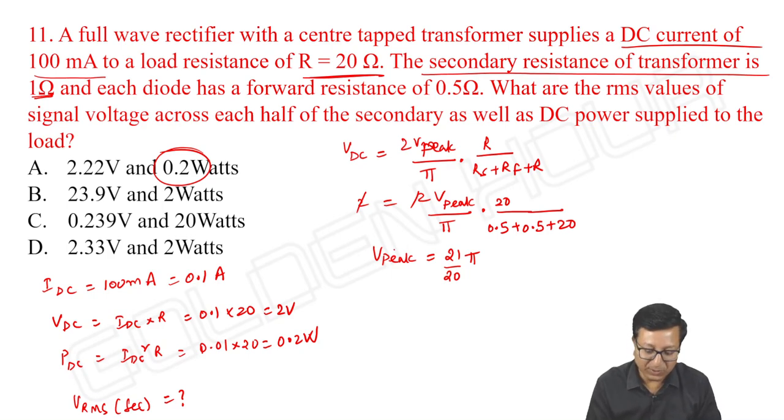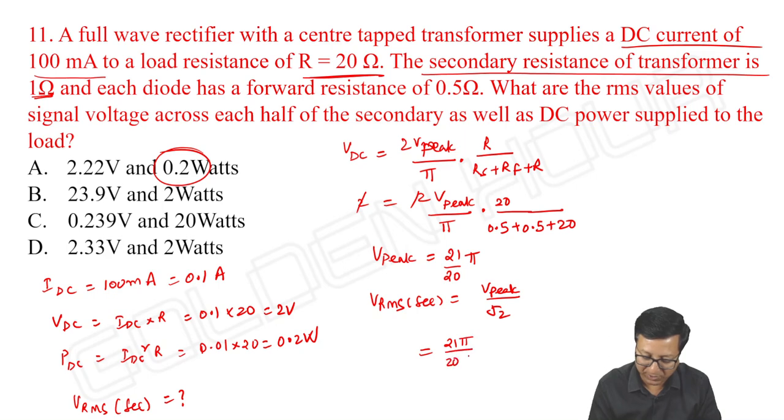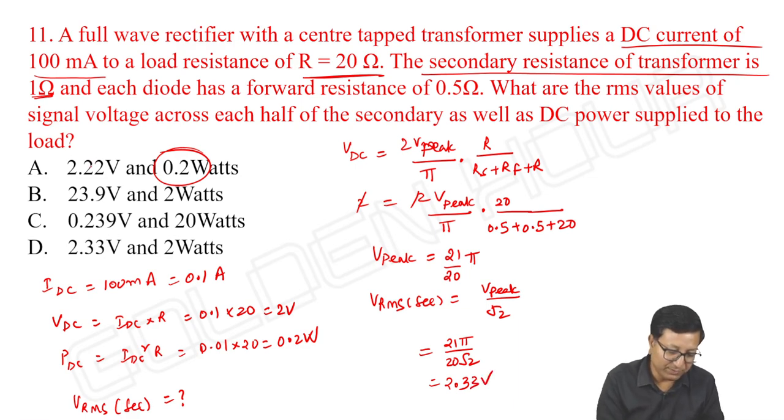Okay, then once you know the peak amplitude, VRMS secondary, the RMS value of the secondary voltage, is equal to peak amplitude by root 2. It is 21 pi by 20 root 2. If you calculate it, it comes to around 2.33 volts. Okay, so definitely there might be some printing mistake here.